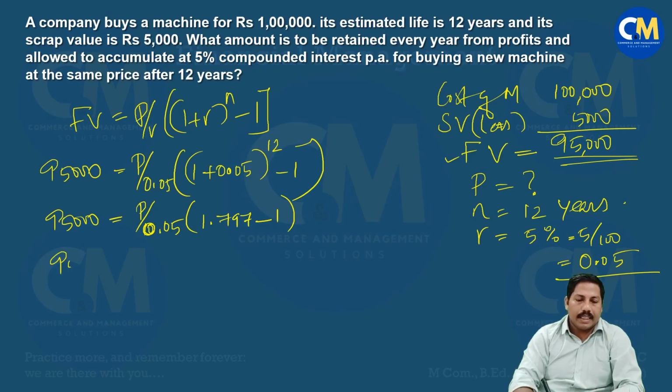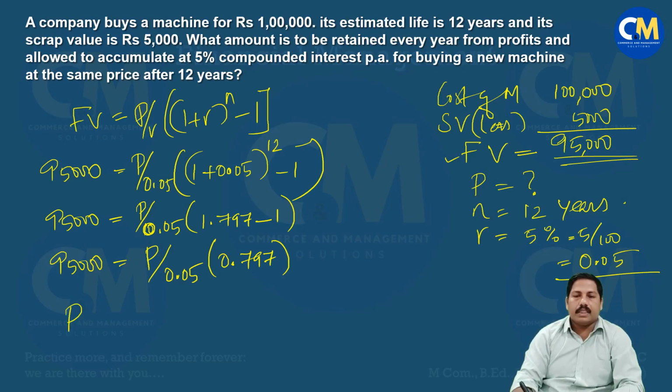We can write again 95,000 is equal to P divided by 0.05 into 0.797. Mathematically, we can work this out.